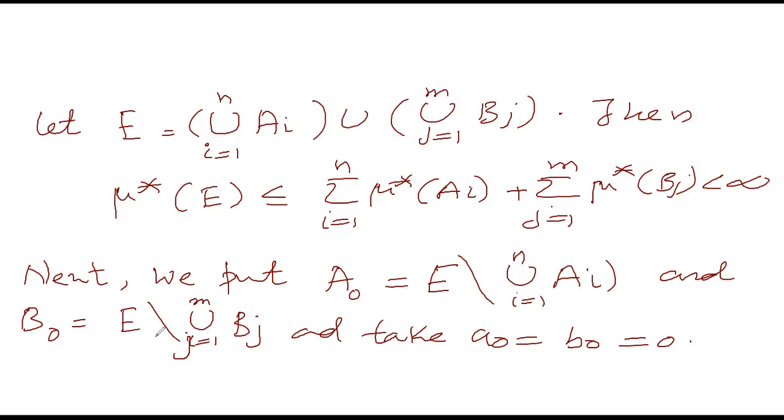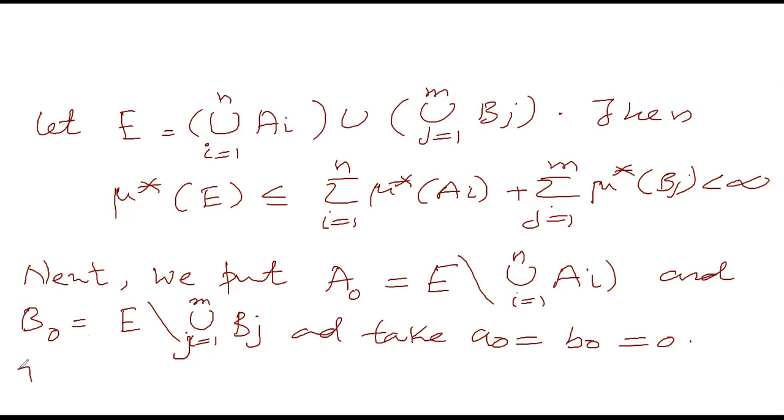And similarly, because it is the standard representation of the function psi, these B_j are disjoint sets, j runs from 1 to m, and this B naught is disjoint from each B_j, j runs from 1 to m. So that means the B_j, where j runs from 0 to m, are also disjoint.